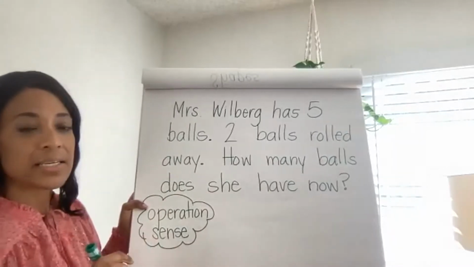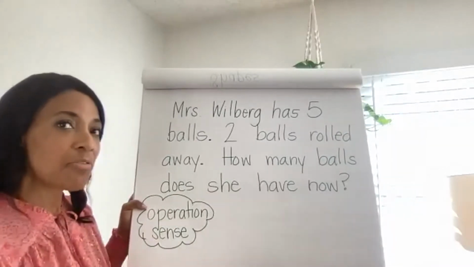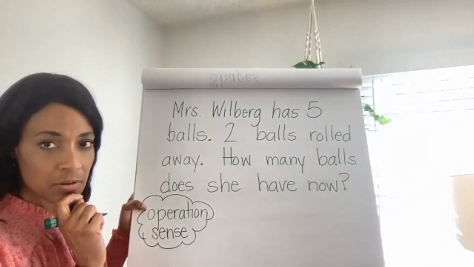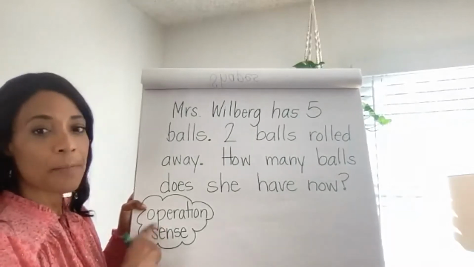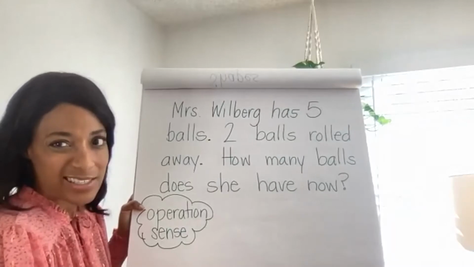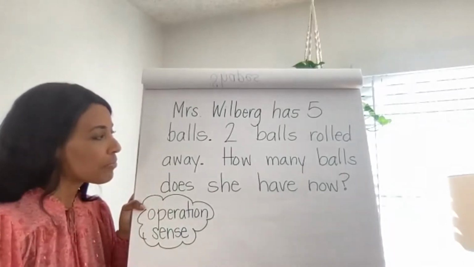Operation sense means that when students listen to a math problem, they have a sense of what operation to use. And the best way to develop operation sense is from solving a lot of problems and actually making sense of them, comprehending them.